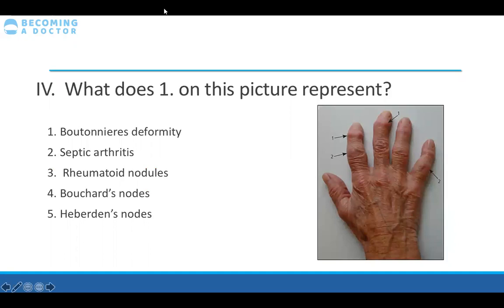Right. Question number 4. What does number 1 on this picture represent? I'll give you about 5 more seconds to finish answering this question.